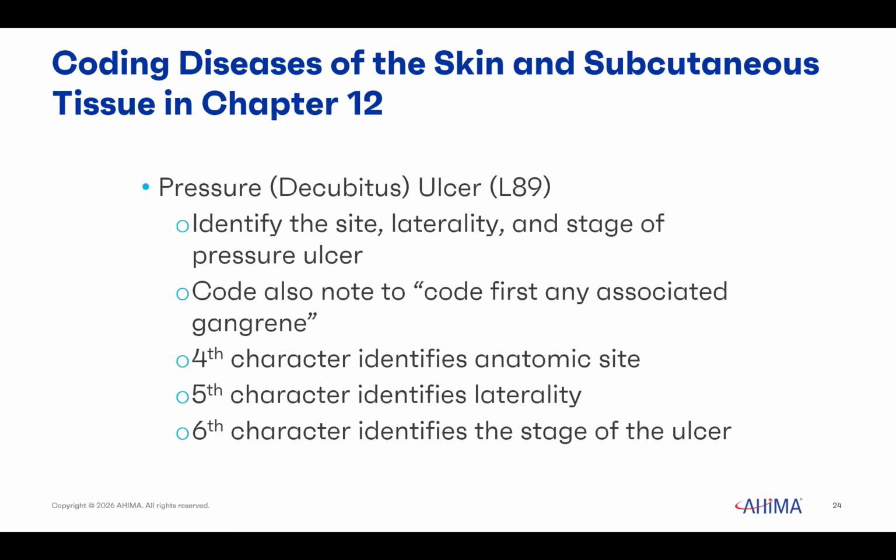We want to make sure that we code first any associated gangrene. The fourth character, meaning right after the 9 in this case, describes the anatomic site. The fifth character describes the laterality, and the sixth character is the stage.